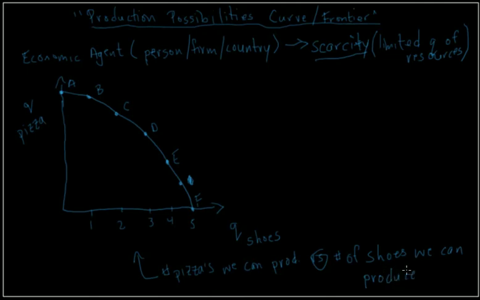Now the whole idea behind this is that there's scarce resources. So if we think of the pizza and the shoes example here, we have to think of what our limiting factor would be.